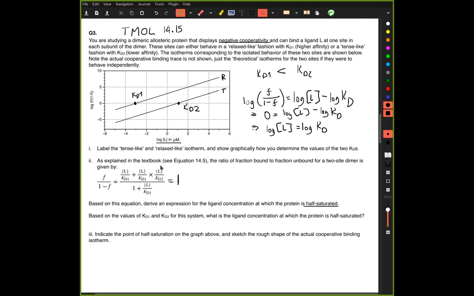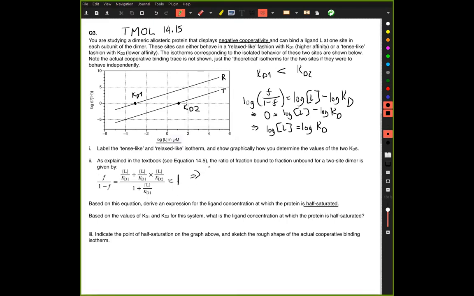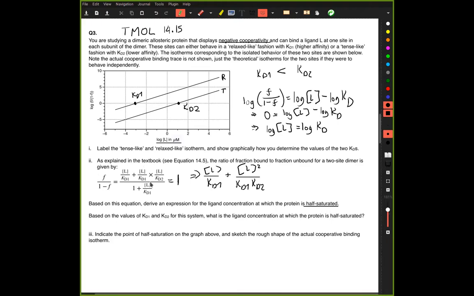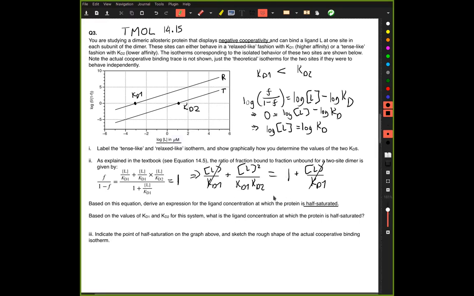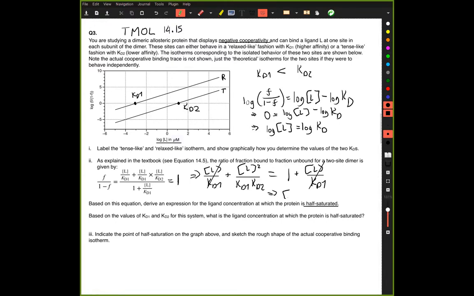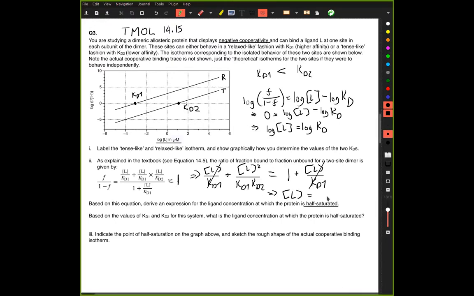So from simply rearranging this, we get that the ligand concentration over KD1 plus the ligand concentration squared over KD1 KD2, and that's just this expression multiplied out, is equal to 1 plus the ligand concentration over KD1. We can cancel this expression out from both sides, and when we multiply across, we should get a formula for the ligand concentration, which is the square root of the product of the two KDs.